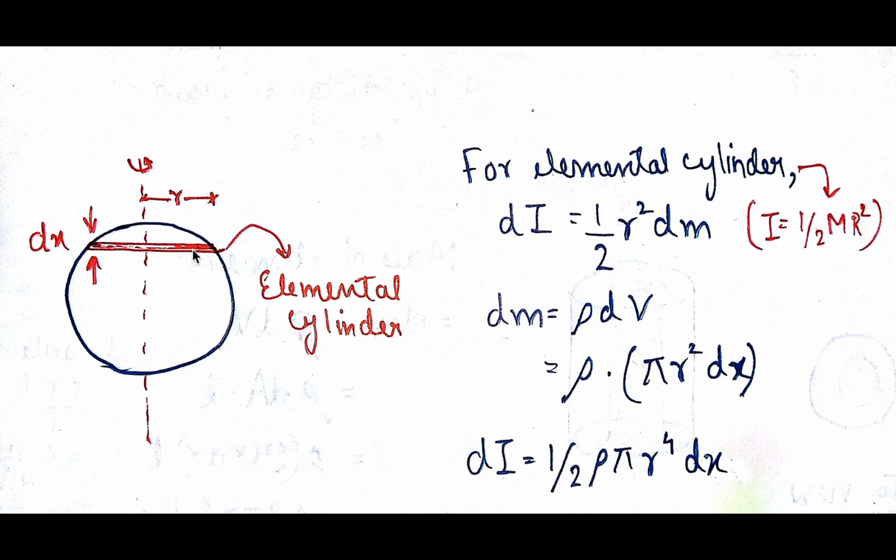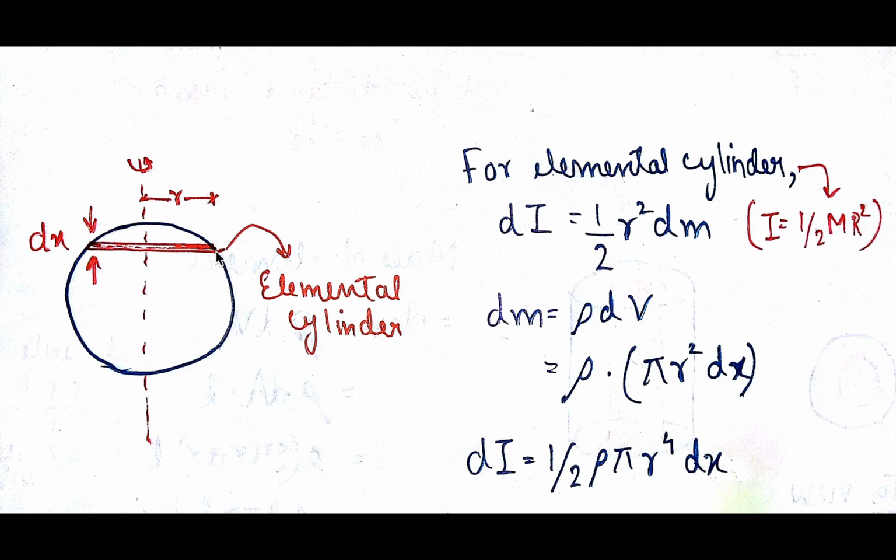In the last case we chose the hollow cylinder, and you might be thinking we'll choose a hollow spherical shell here, but because we don't know the hollow spherical shell's moment of inertia, there is no point in taking that element.